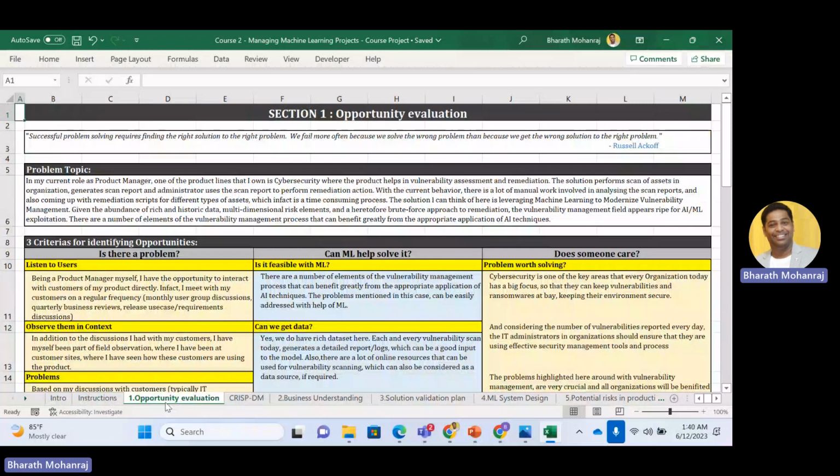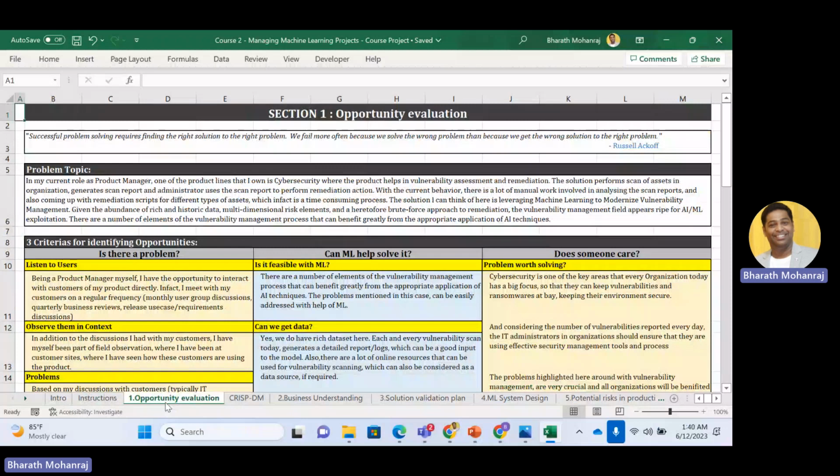Now, with this current behavior, there is a lot of manual work involved for the administrator specifically. They need to analyze the scan report. They need to see what are the real vulnerabilities, ignoring the false positives, and come up with remediation scripts for different types of assets or different types of environments. All of this is a time consuming process considering it is all manual.